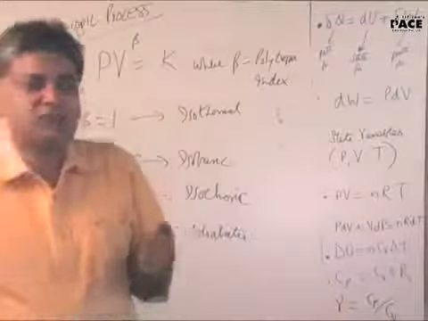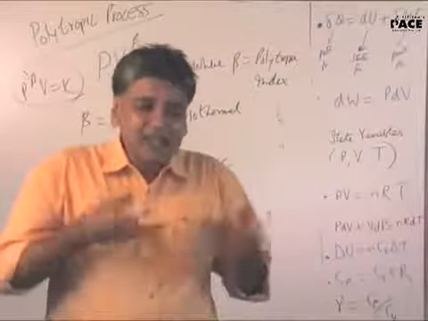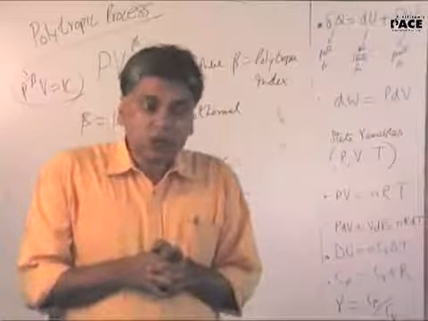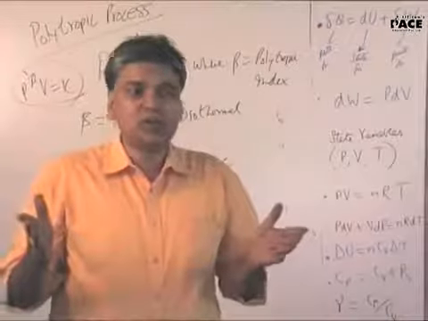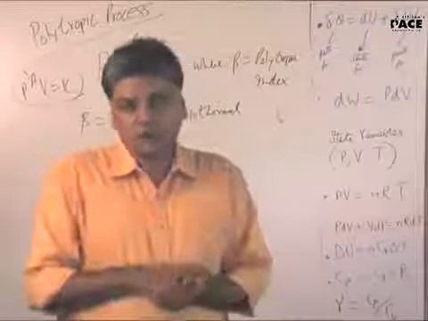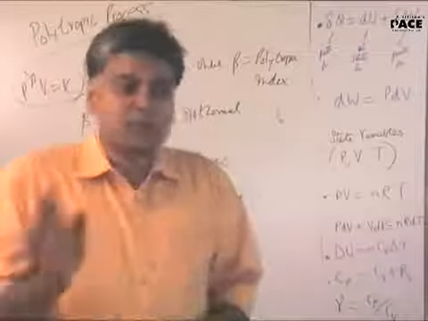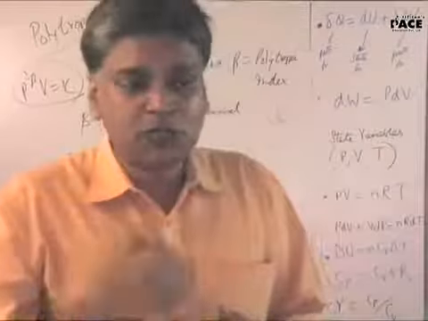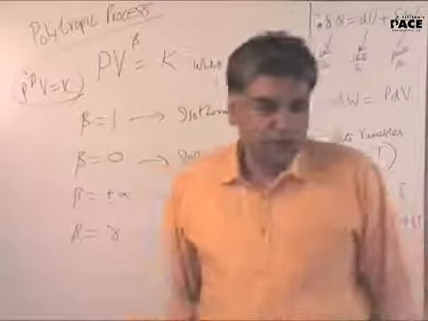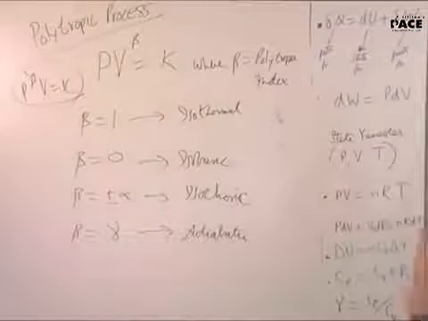Beta equals 1.5, root 2, minus 3.5. So corresponding to all those infinite values that you can put, you get many more processes. I'm not saying all processes are polytropic, but you can have infinite more processes that are polytropic itself. There can be other processes that are non-polytropic.